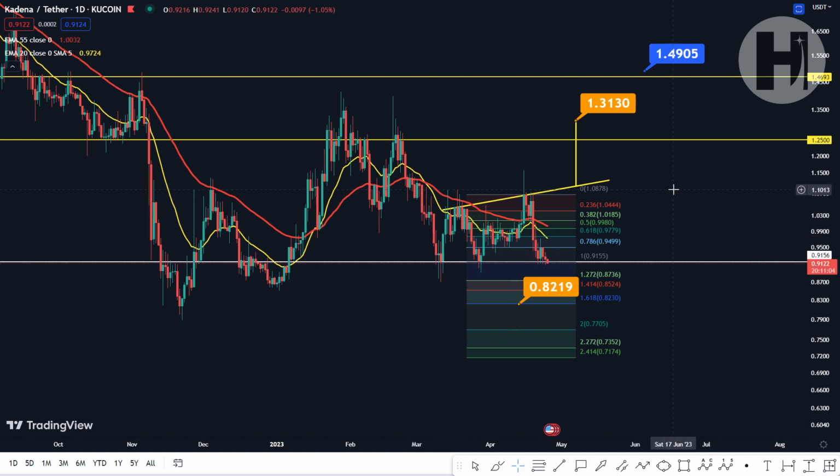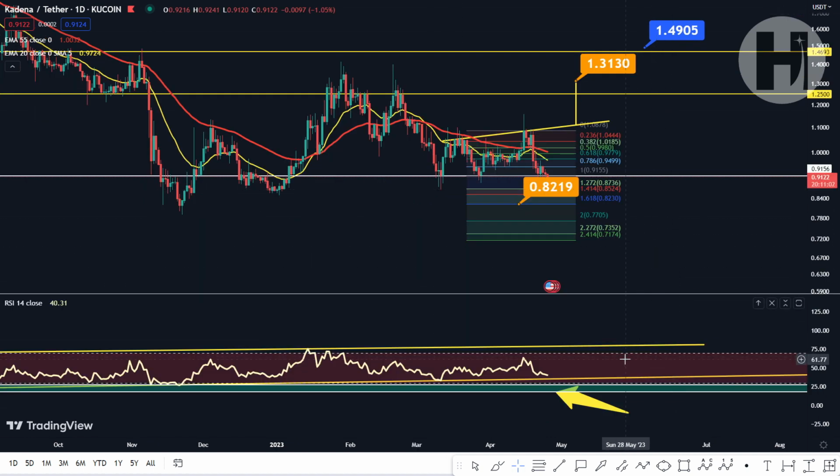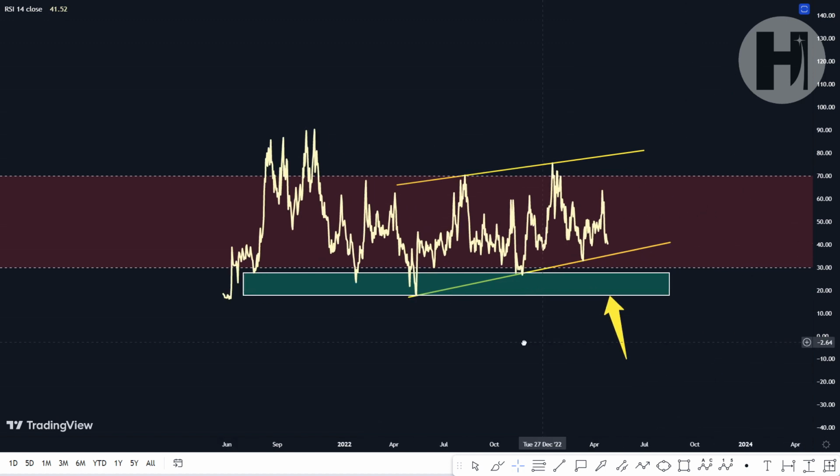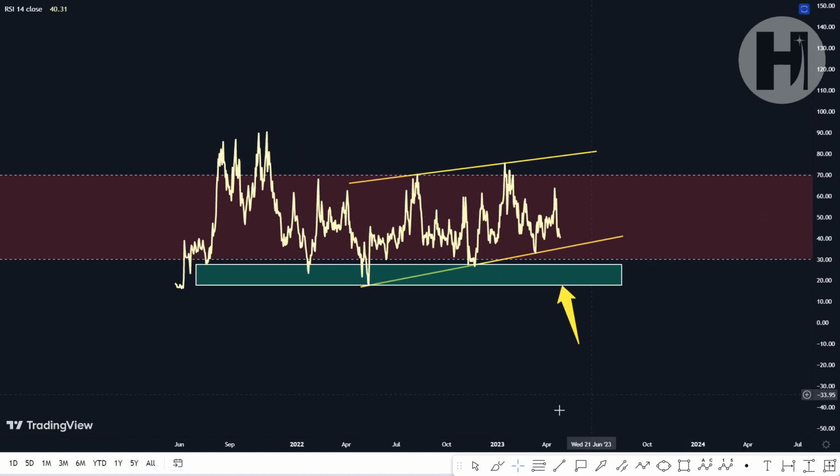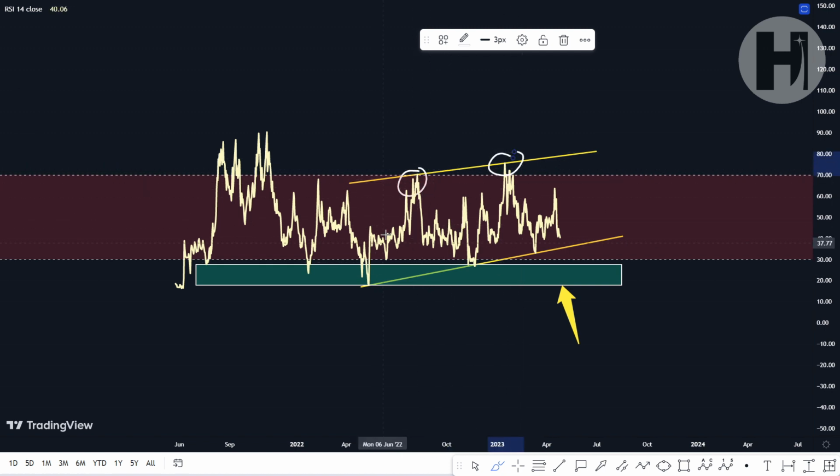If we jump into the daily RSI, as you can see, we have a channel up pattern here, and every time you hit the upper trend line here, you tend to see a move to the downside. So for example, you bounced off the top trend line, you came back down to the bottom one, you did the same thing here, you came back down to the bottom one, and right now we failed to get up here to the upper trend line one more time, and it seems like we are on our way to retest the yellow trend line one more time.